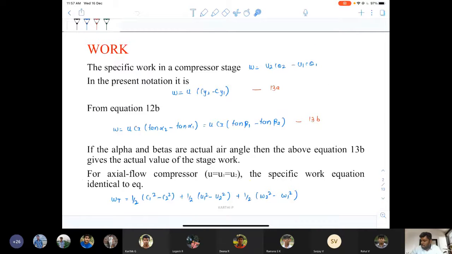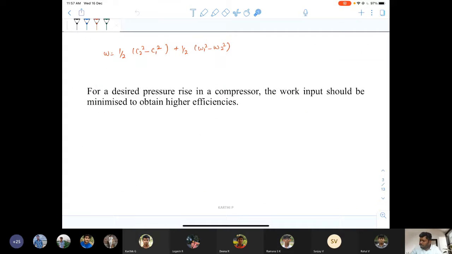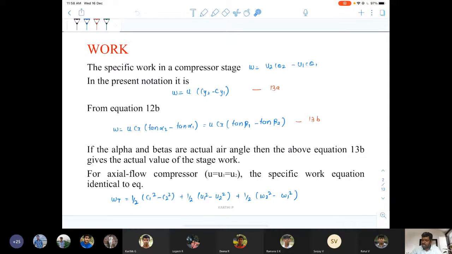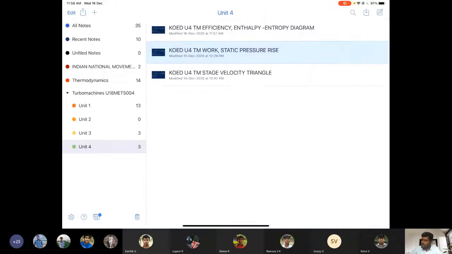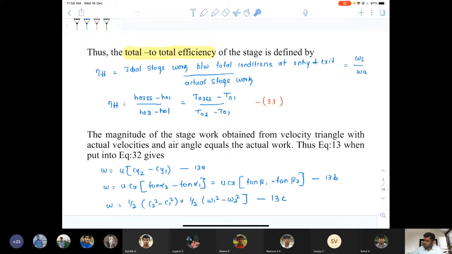While defining the work, we defined W is equal to U into Cy2 minus Cy1, and W equal to U Cx tan alpha 2 minus tan alpha 1, which is equal to U Cx tan beta 1 minus tan beta 2. And 13c is W equal to 1 by 2 C2 square minus C1 square plus 1 by 2 into W1 square minus W2 square. We have used these three work equations, 13a, 13b and 13c, and we have written down those equations.